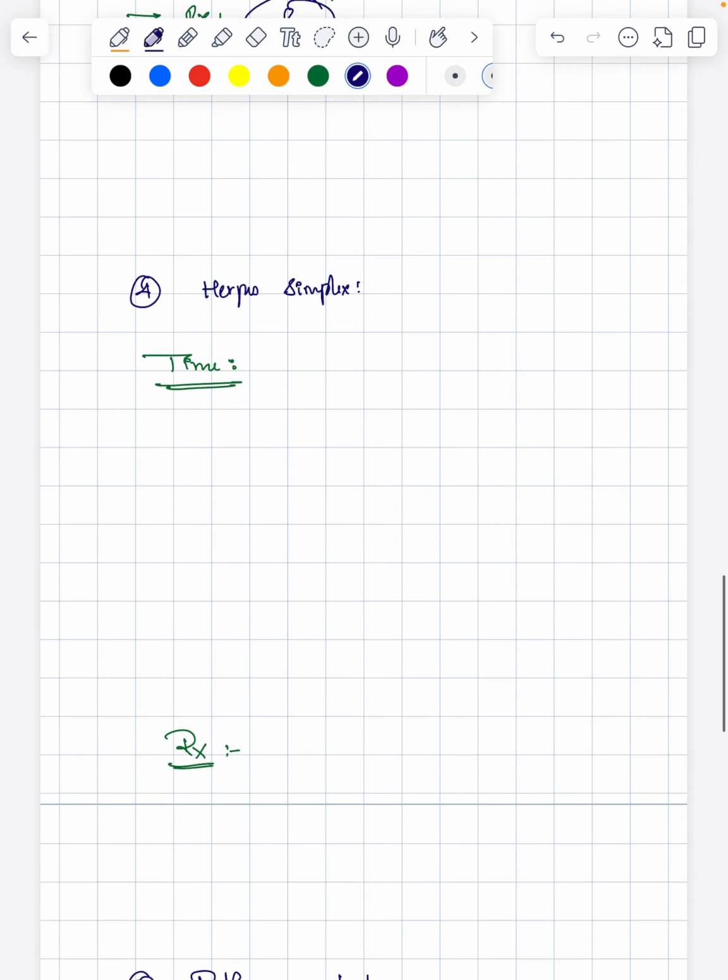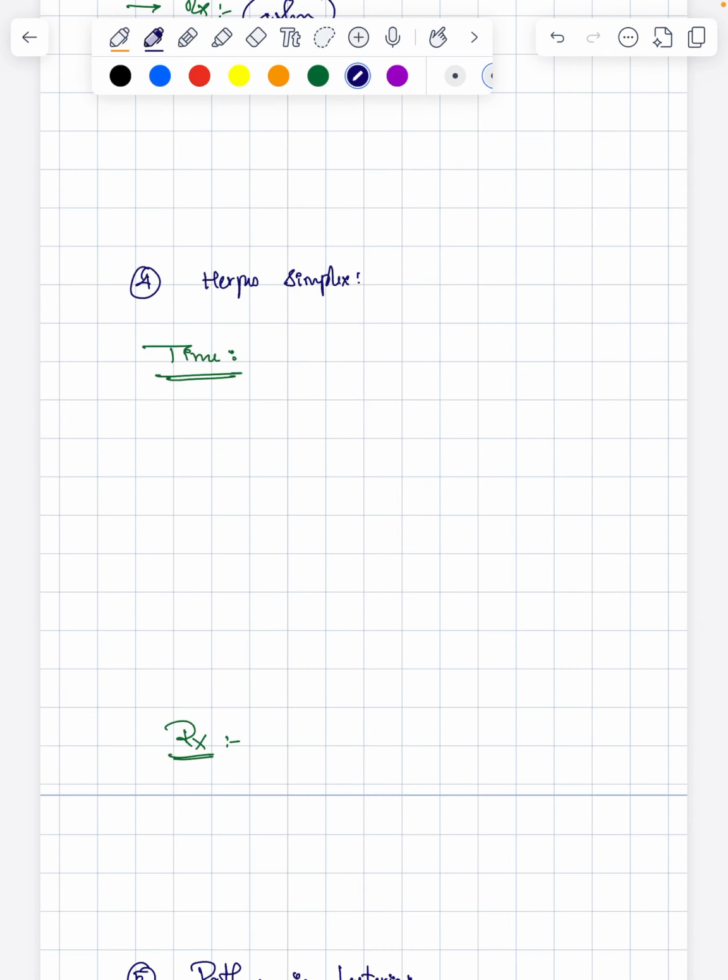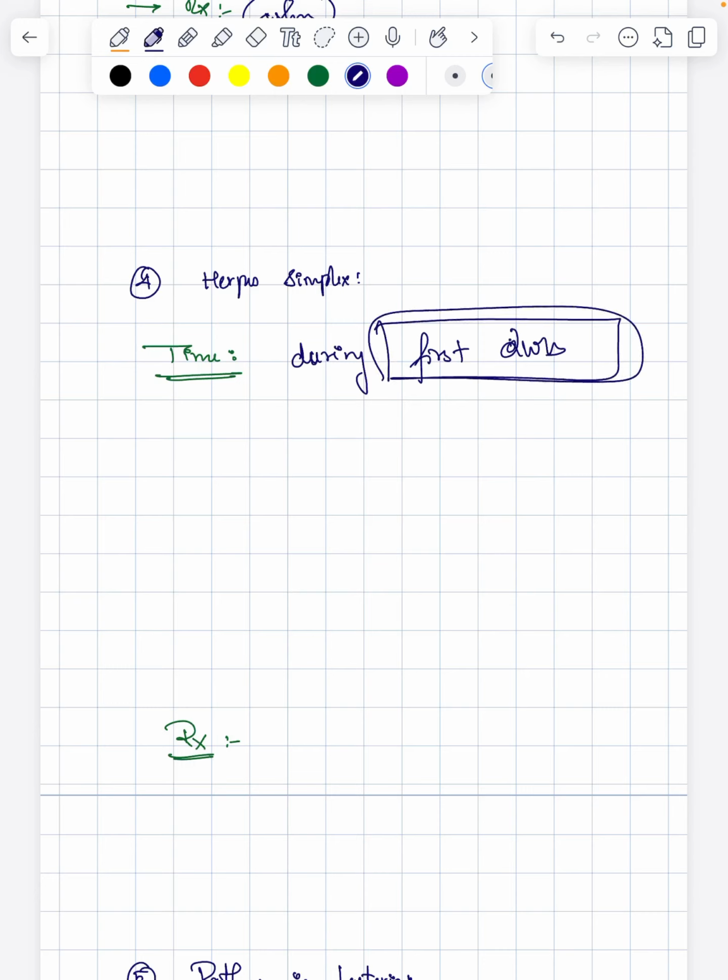Next is regarding your herpes simplex. In herpes simplex, the time of appearance of your conjunctivitis will be during the first 2 weeks. Here the child will have a serosanguinous discharge.